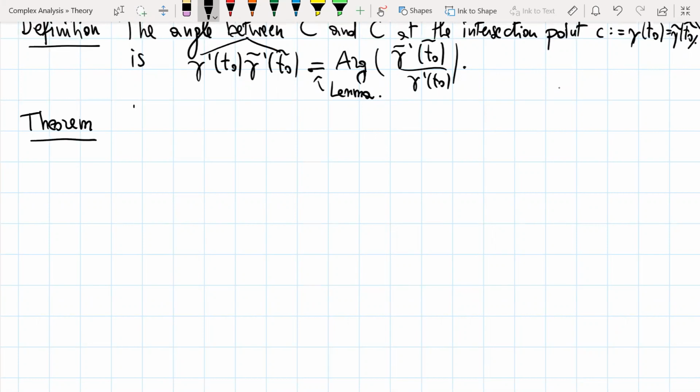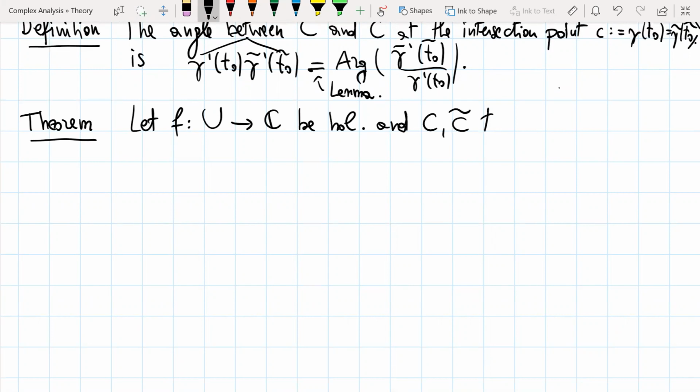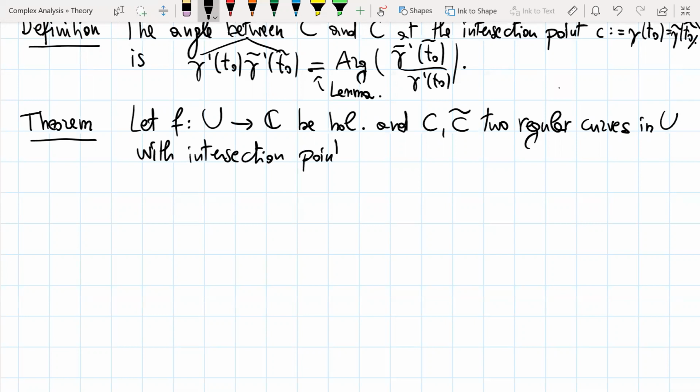So the theorem says that if we take f holomorphic and C and C tilde two regular curves in U with intersection point c. So we assume that the two curves intersect.